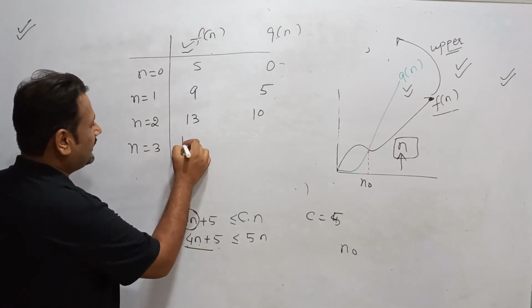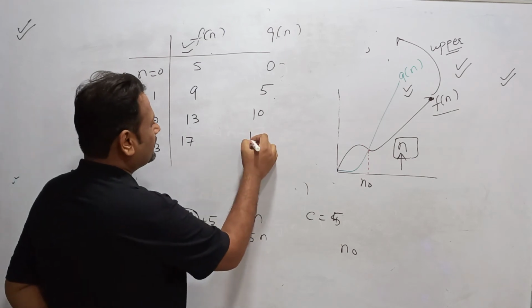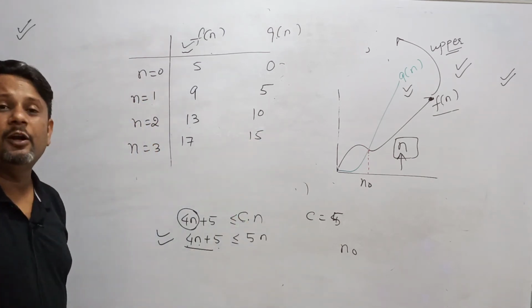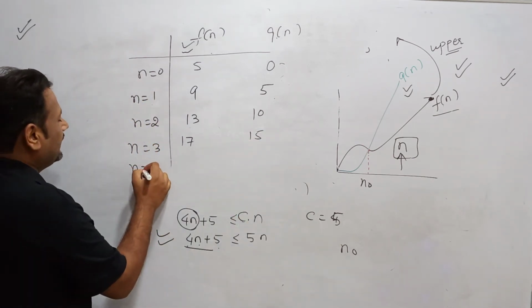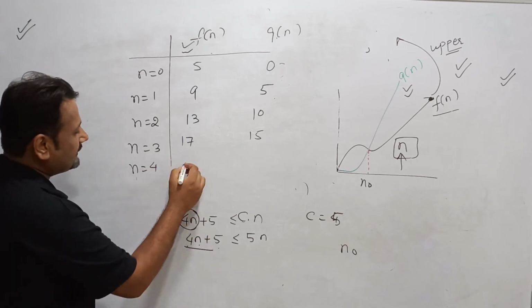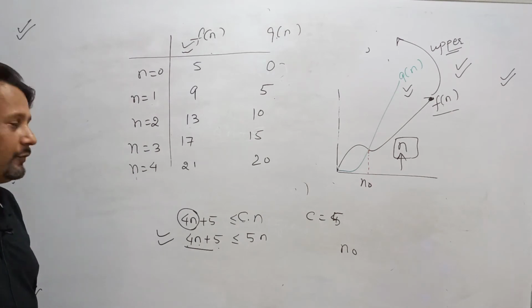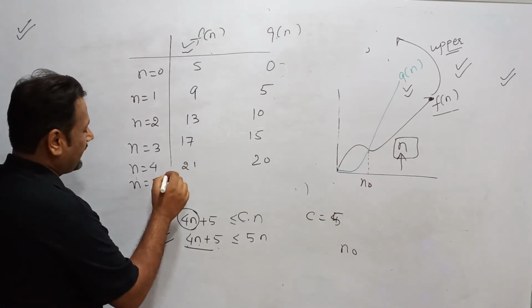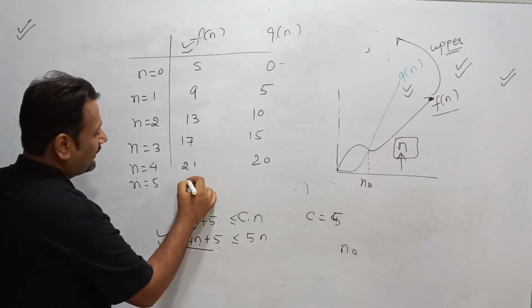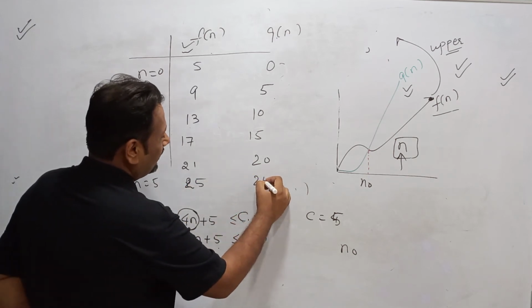This is going to be 17, and this is going to be 15. Still cannot be proved. Now n equal to 4. This is going to be 21, and this is going to be 20. Still cannot be proved. n equal to 5. This is going to be 25, and this is going to be what?